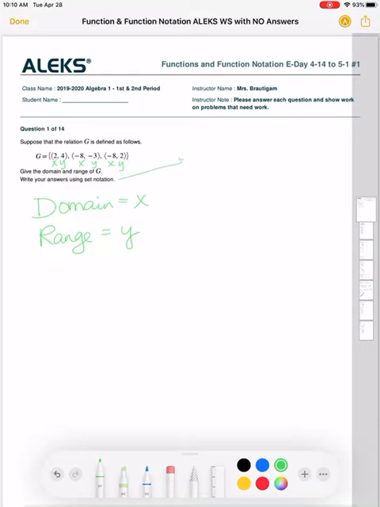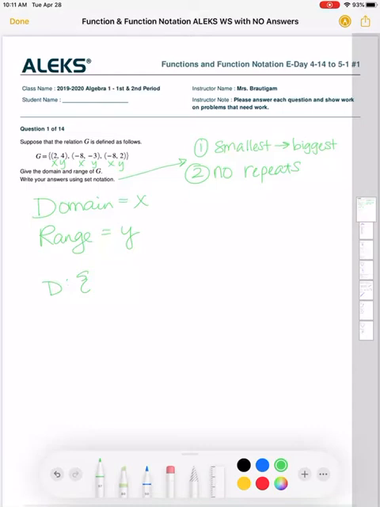Additionally, in set notation, there are some rules. 1, you put them from smallest to biggest. And 2, if you have repeating numbers, you do not write the repeats. So for this one, you would put the domain is the set of, and you're going to list your 3 x values in order from smallest to biggest.